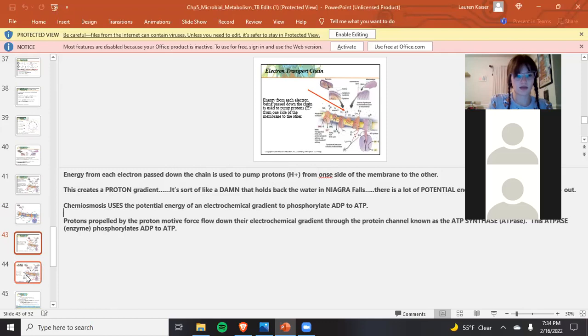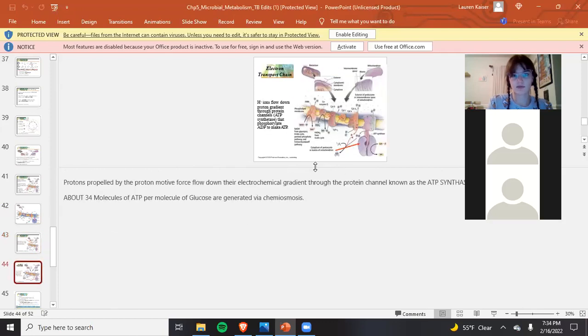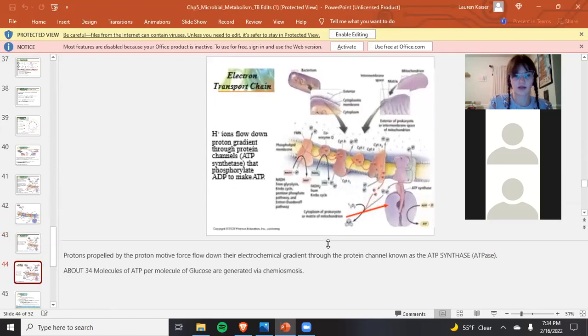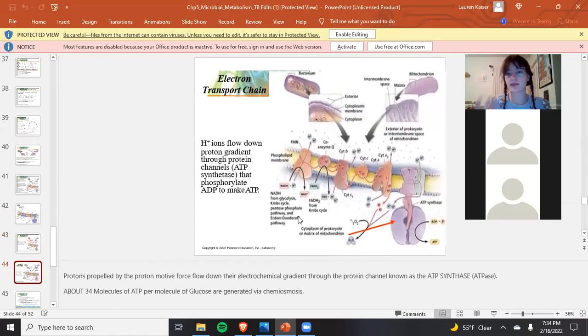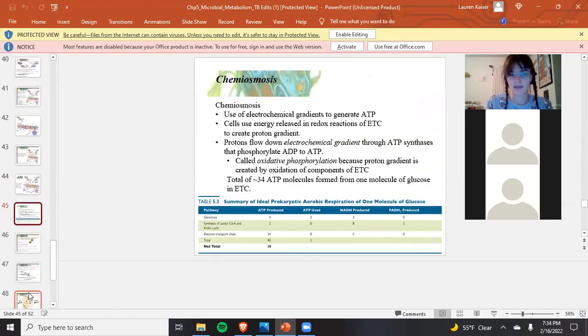So let's see. I just want to make sure I cover it. And then remember how many are made, right? How many molecules of ATP are made from the electron transport chain? And this is a good little summary chart if you like charts.